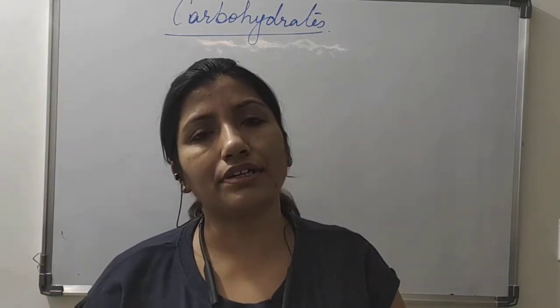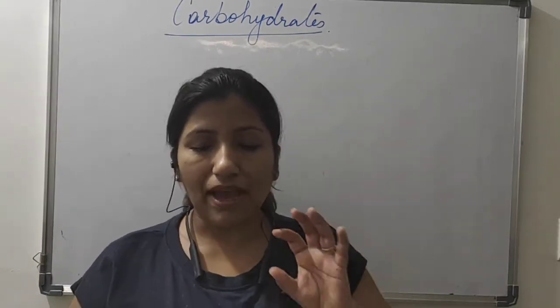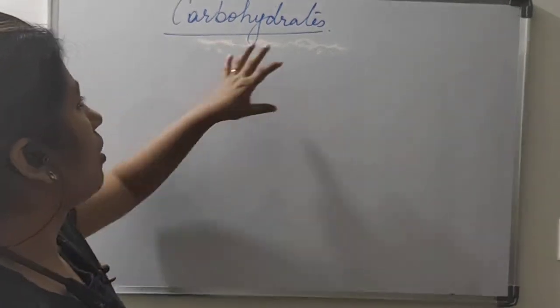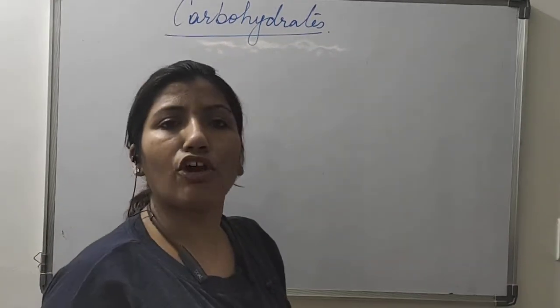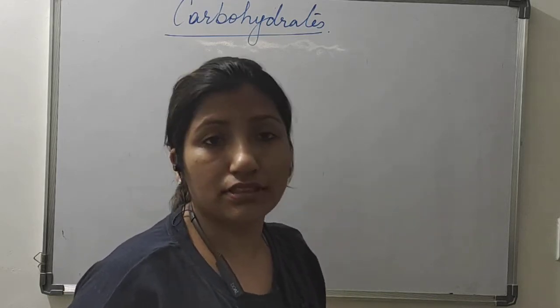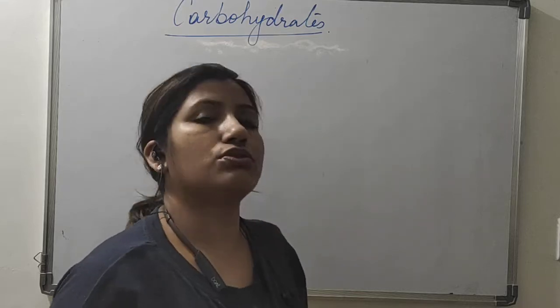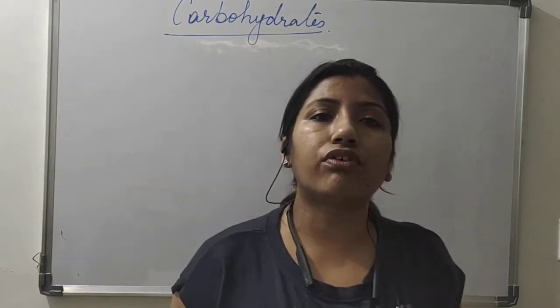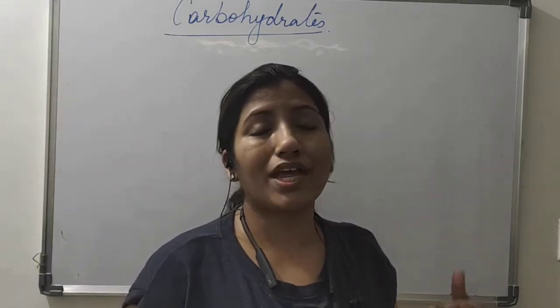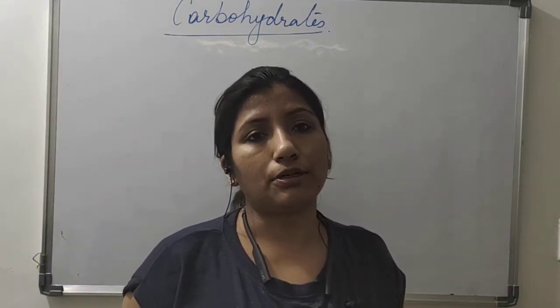Now what is carbohydrate? It is the most abundantly found organic molecule. You take any organic substance like plant tissue or animal tissue, any living tissue, you will find carbohydrate; the percentage of carbohydrate will be more compared to other macromolecules.